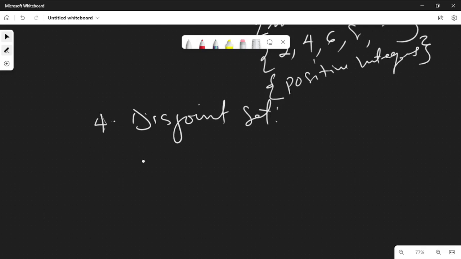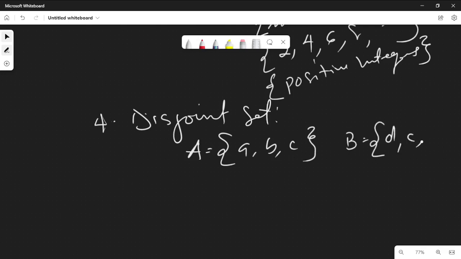For example, if I have set A, which is A, B, C, and set B, which is D, E, F, then these two sets are disjoint. Are you getting that now? These two sets are disjoint sets because they don't have any element in common.